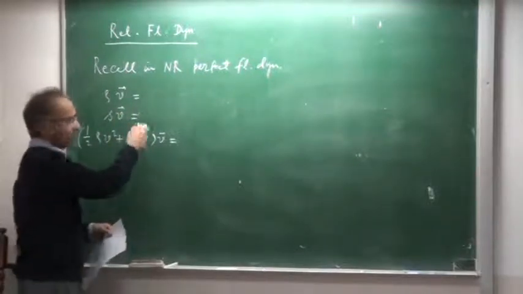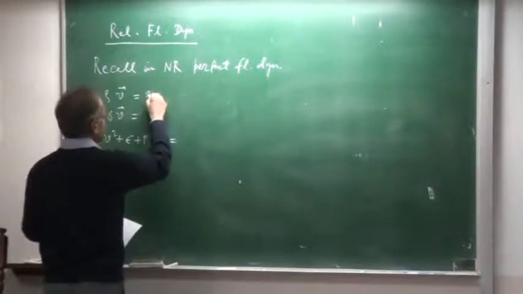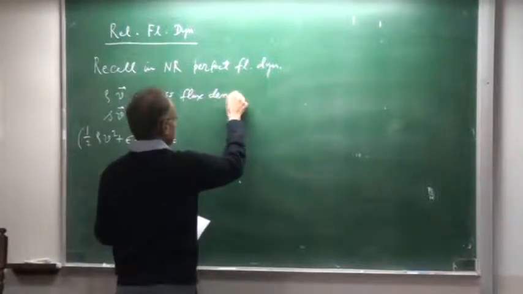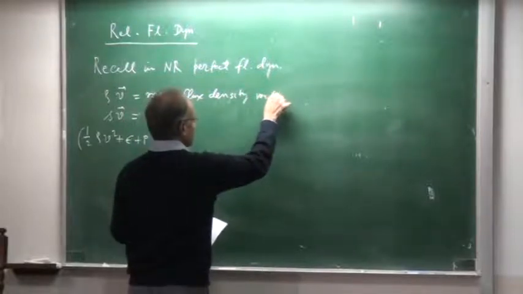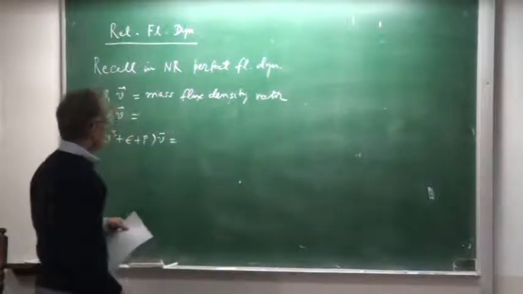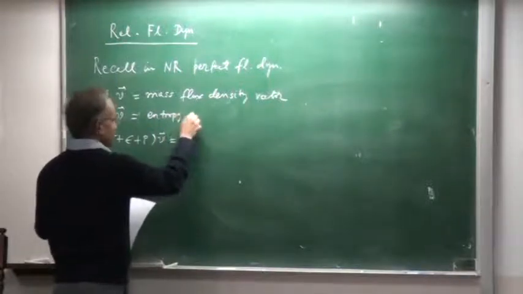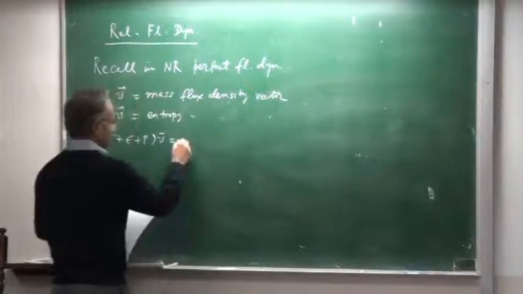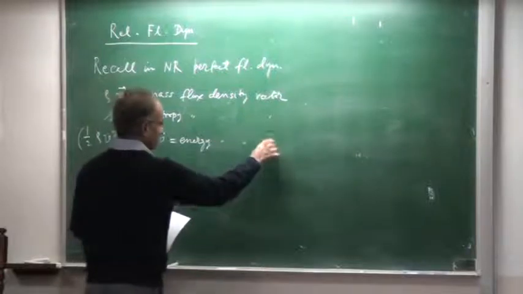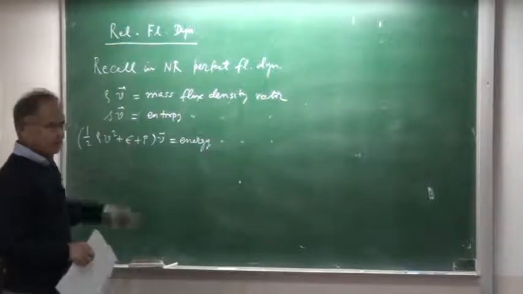All three are vectors, but this was often denoted by vector J. So it is this mass flux. This was the entropy flux density vector, and this was the energy flux density vector. So we did all this yesterday.